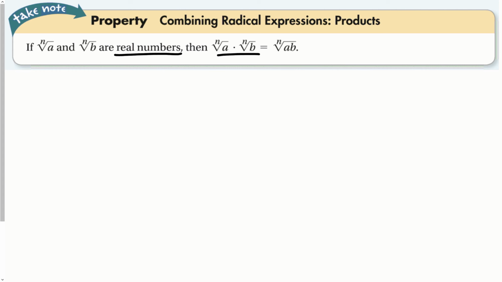This is the most important part of this property. It says that both of these terms must be real numbers, which means we are never going to take a root of a negative number, which means if we are going to combine these two things together, we can assume that they are real, and therefore we do not need absolute value bars.